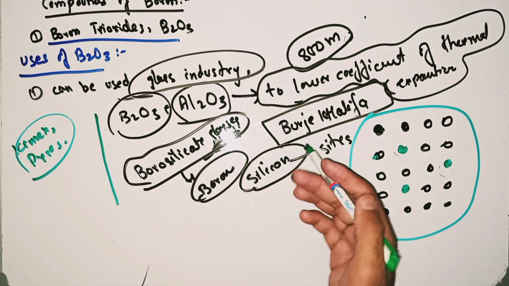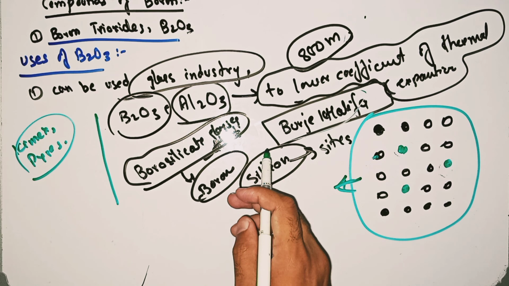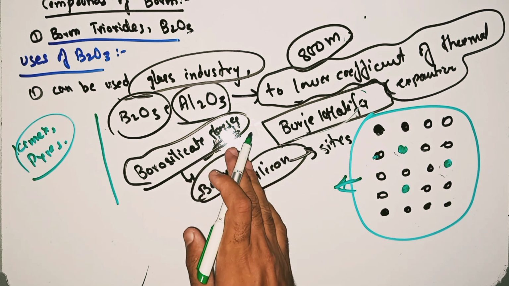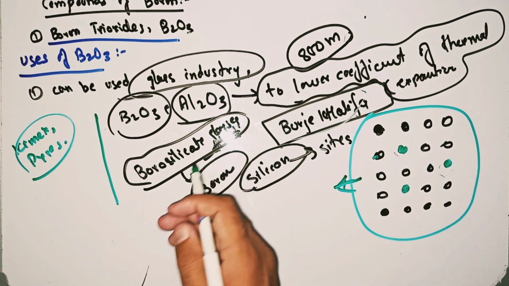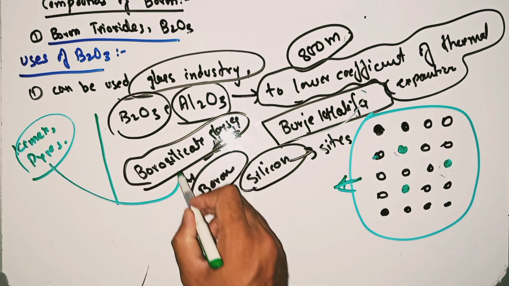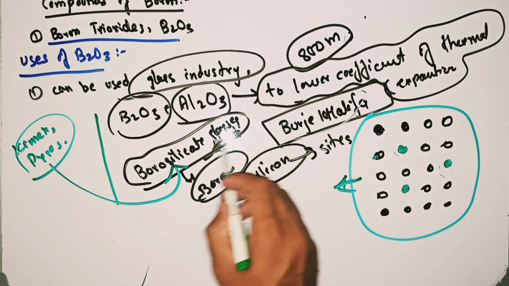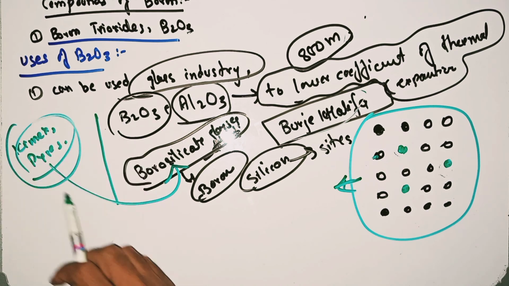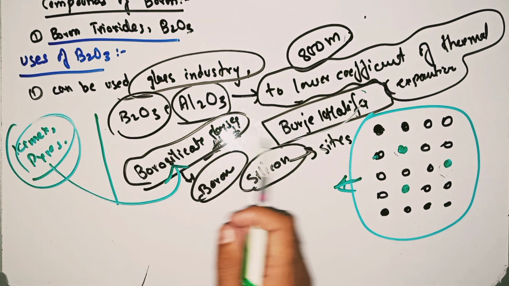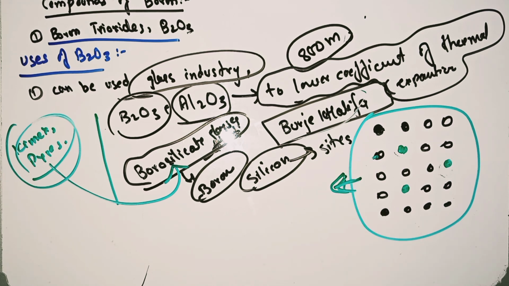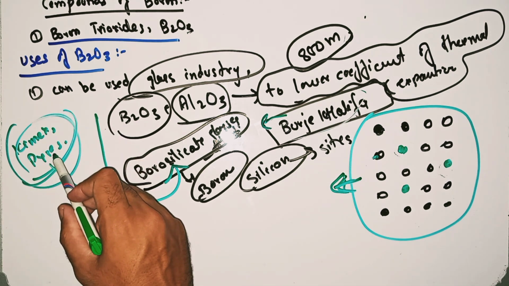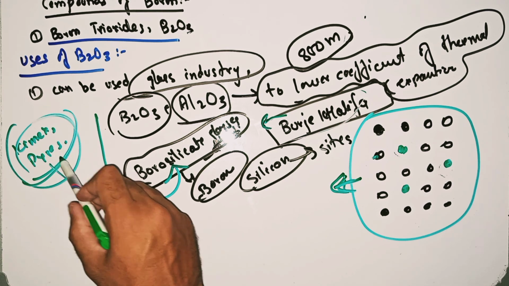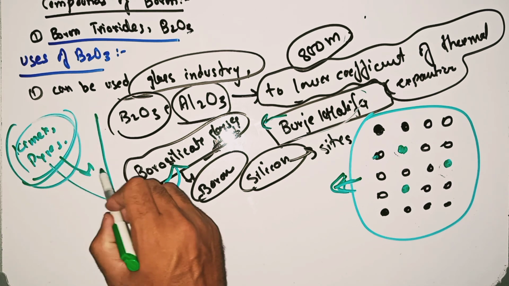As I told you, in the Burj Khalifa case, the glass reduces heat, so the high temperature is reduced and the internal temperature of the building remains safe. The coefficient of thermal expansion of Pyrex or Chemex is about one third of that of ordinary soda lime glass.